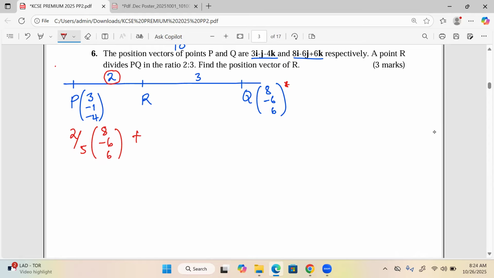Then we add the ratio 3. When you pick 3 out of the total proportions 5, we should multiply by the opposite vector, which is P. 3, -1, -4. This now should give us the position of R.